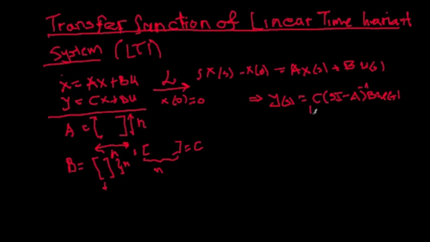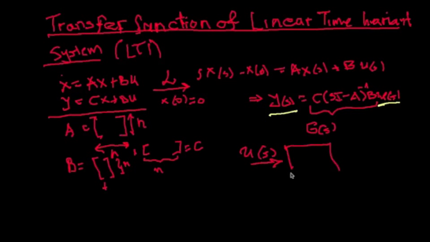Okay. In other words, this expression is going to be some transfer function G(s) that relates input and output. In other words, we have the notion that U(s) multiplies this black box for us, which is the transfer function G(s), and provides the Y(s).